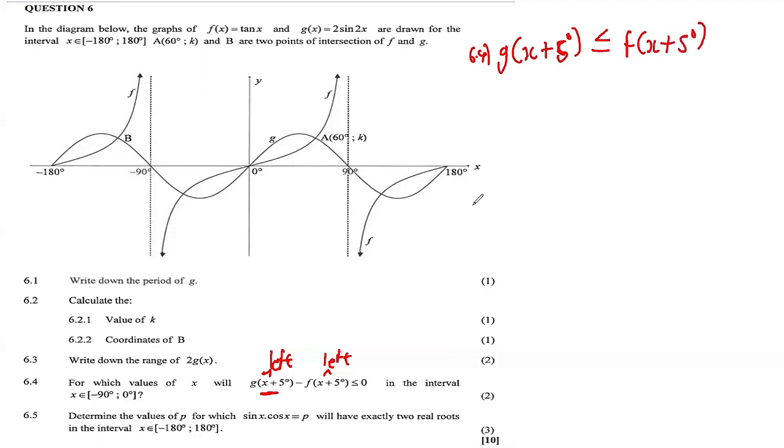Now, what is the meaning of this? Suppose we had no 5 there. Suppose this was not shifted. We only had g of x less than or equal to f of x.